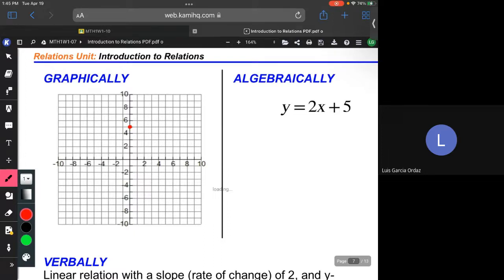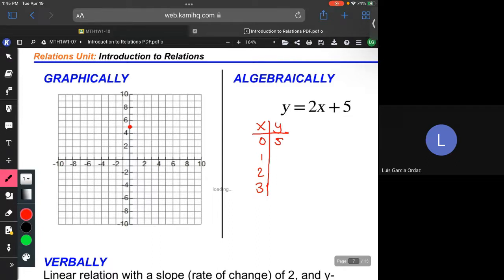What's my pattern? So I'm going to make my table of values. So when my x is 0, so that's where it starts, my y value is 5. So what's my pattern? What am I going up or down by? What's the number in front of the x? 2.